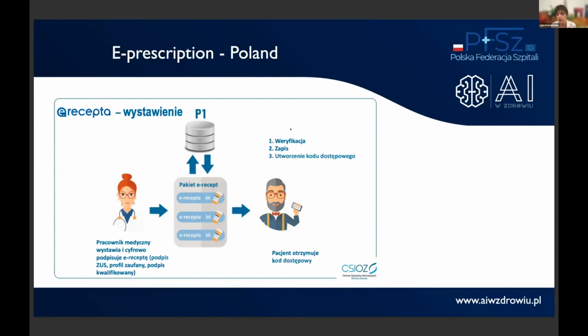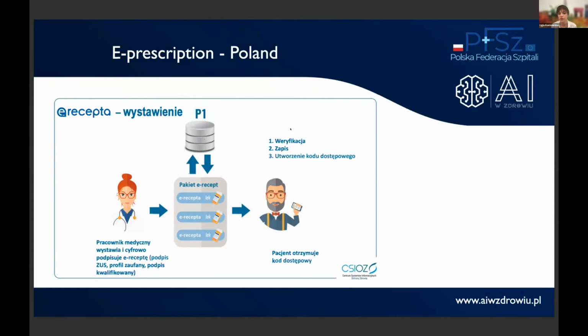Like, you can always use paper, but nobody does it anymore. It's a slide from our eHealth agency, but it works like this: a medical doctor prescribes an e-prescription. It is saved on our national system, named P1.